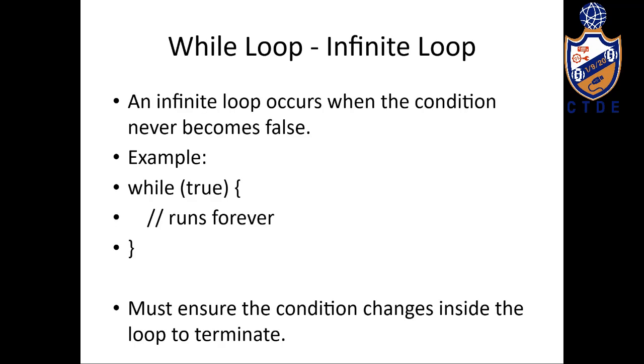So now there's what we call an infinite loop. An infinite loop occurs when the condition never becomes false. For example, if the condition is always true, then the code is going to run forever, and you don't want that. We want loops that terminate. If your loop doesn't end, it keeps on repeating.